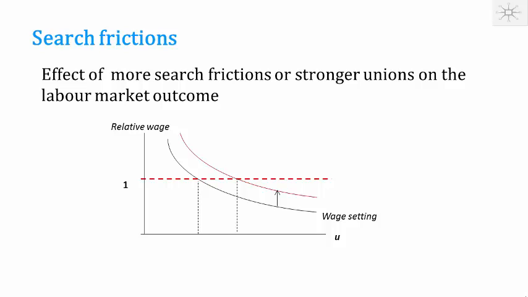If you have more search frictions, then the effect of unemployment on wage setting will be weaker, and the wage setting curve will be higher up, and there will be higher unemployment in the equilibrium. The downward pressure on wages from unemployment will be weaker, and that leads to a higher equilibrium rate of unemployment.